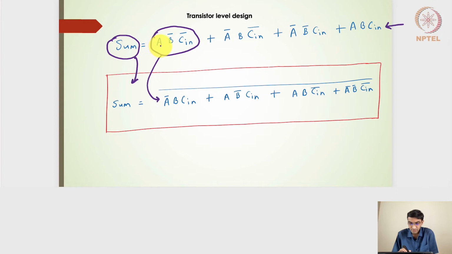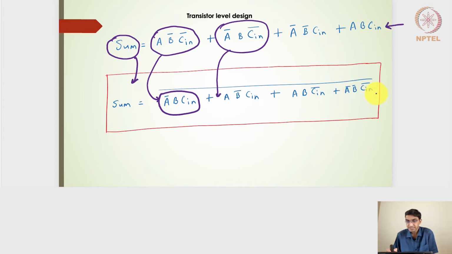So the A B̄ C_in term becomes Ā B C_in-bar, then Ā B C_in-bar becomes A B̄ C_in, then Ā B̄ C_in becomes A B C_in-bar, and A B C_in becomes Ā B̄ C_in-bar.